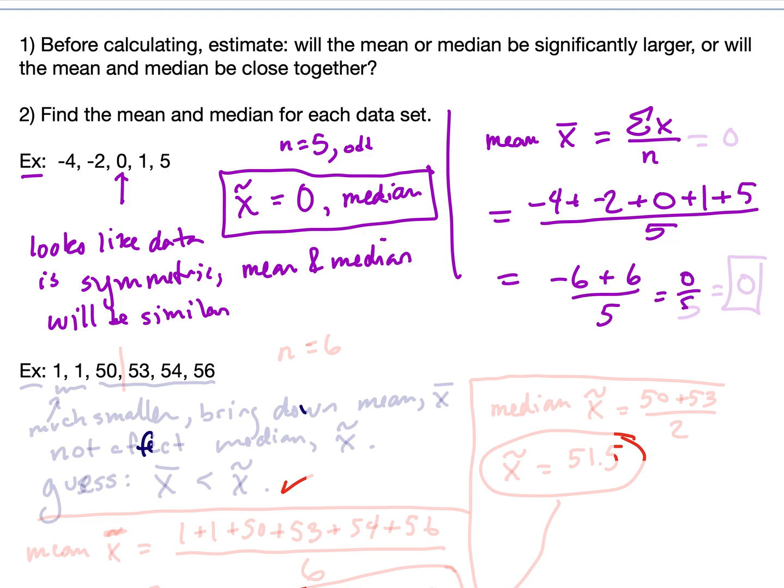That's 0 over 5. In this case, it so happens that the mean is exactly 0 as well, so the mean and median were exactly equal to each other. Our intuition was correct that the mean and median would be similar values. Now let's take a look at the second set of data values.